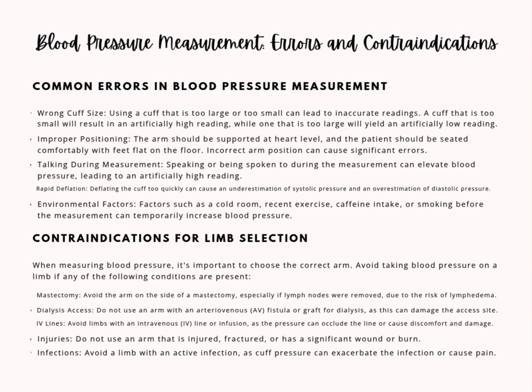If they just ran, if they just had a bunch of caffeine, if they just smoked, if the room's cold and they're shivering, it can affect your blood pressure. If they're upset, if they're crying and hyperventilating, we're not going to check their blood pressure right then. It won't be accurate. And rapidly deflating the cuff too quickly can affect a correct reading.